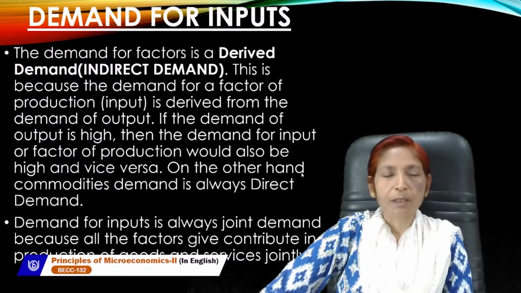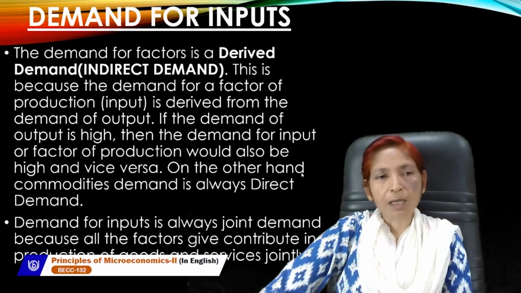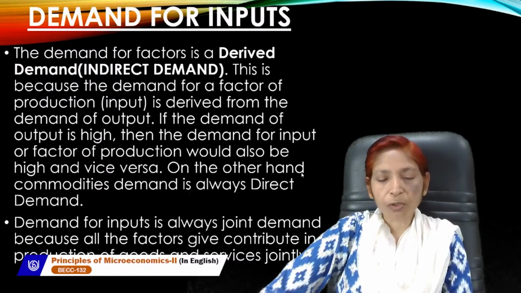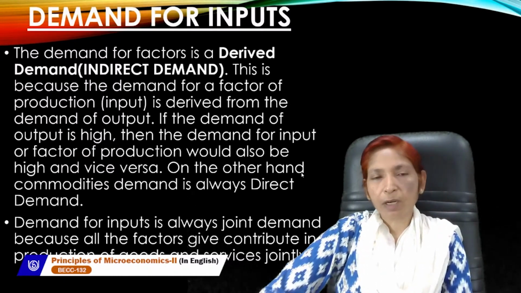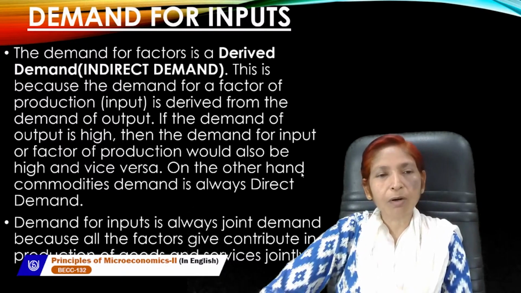So the producer demands inputs for the production of goods and services. Goods demand is always direct demand, because when we want to consume anything, we demand that commodity for the satisfaction of our want. That type of demand is called direct demand.